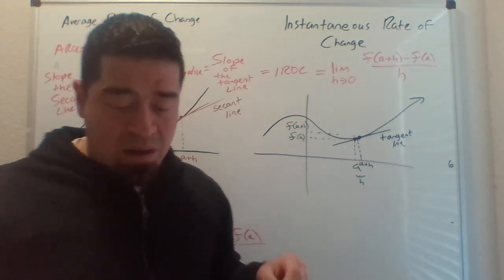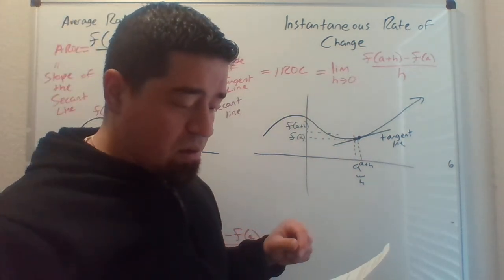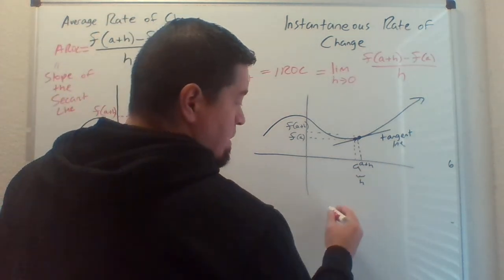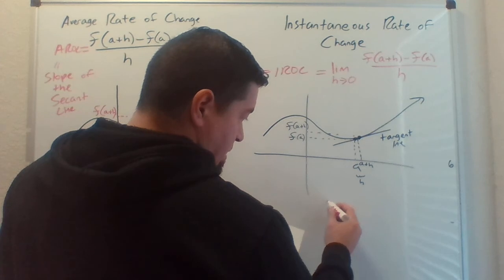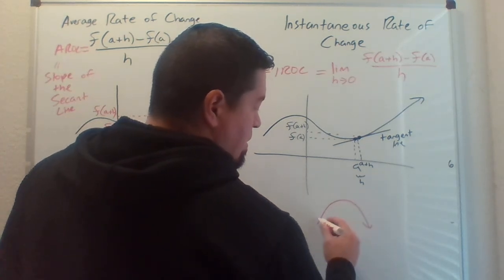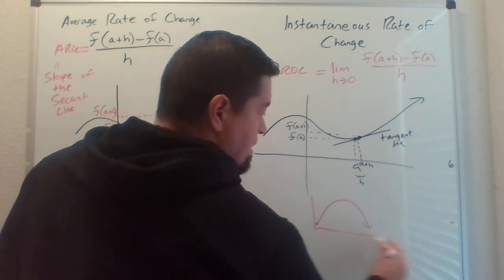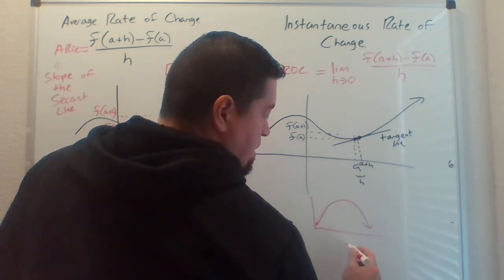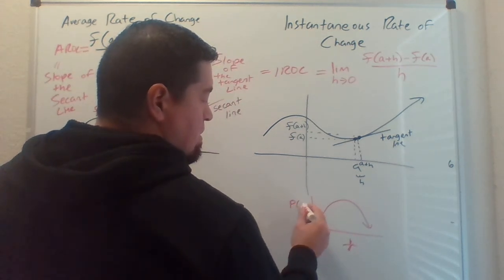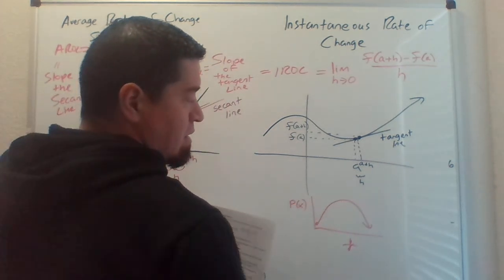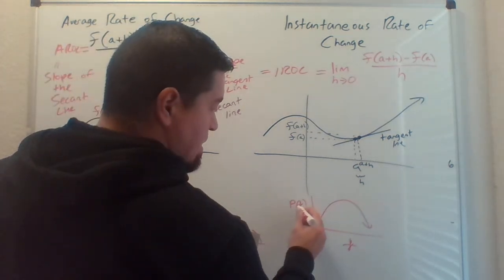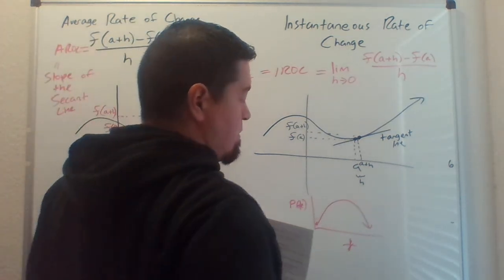Okay. So we're going to jump down to, oh, actually one more thing. If you throw a ball, and you have, this might be time, and this is your position, or maybe the height of the ball. So this is a position function, or I should really call it p of t because it's in reference to time.